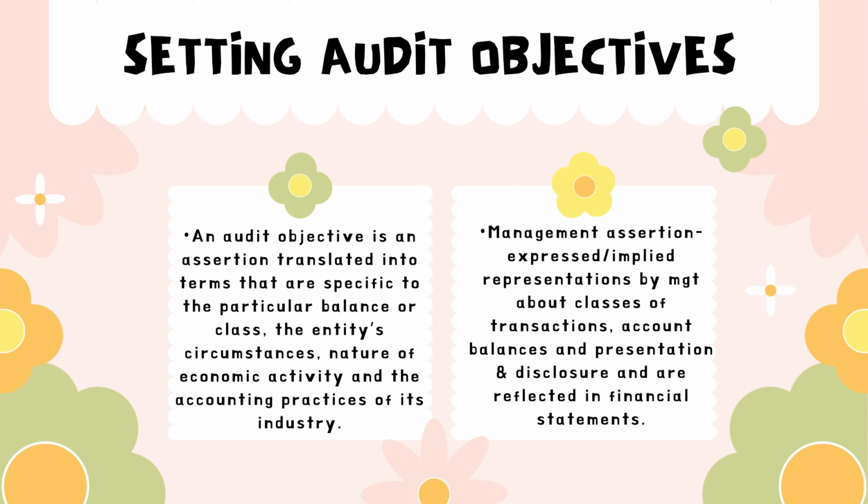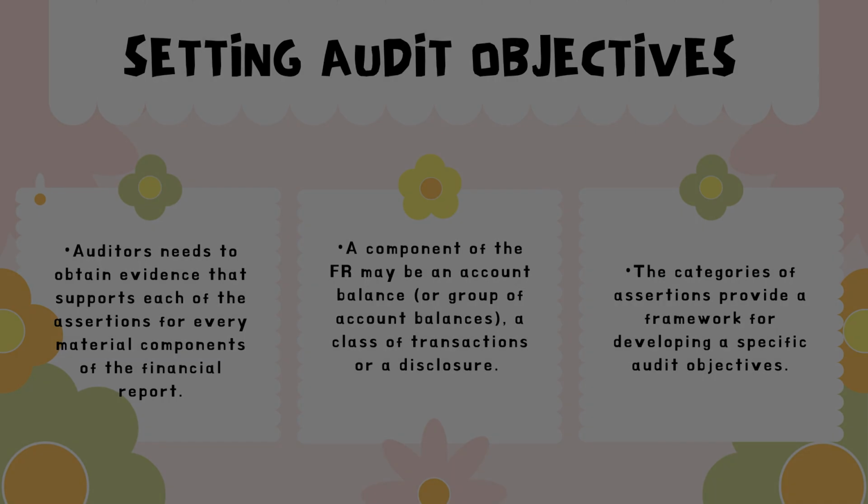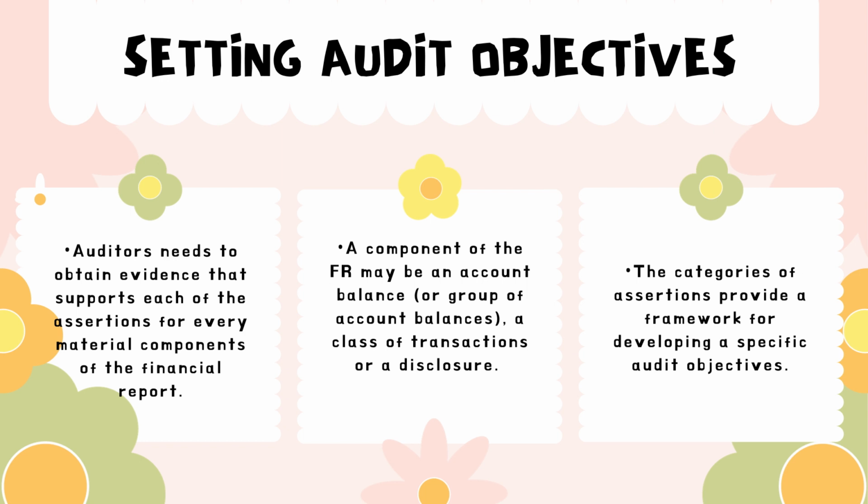Management assertions are express or implied representations by management about classes of transactions, account balances, and presentation and disclosure, and are reflected in financial statements. Auditors need to obtain evidence that supports each of the assertions for every material component of the financial report.